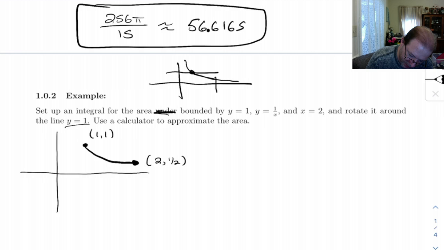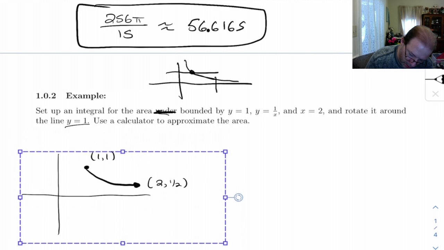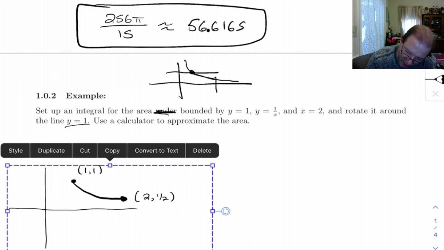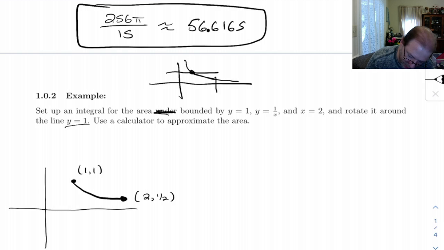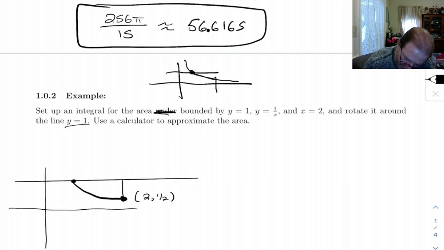So let's take this, move it down, and let's erase that. So we're rotating the area around here. This is the area we're talking about.